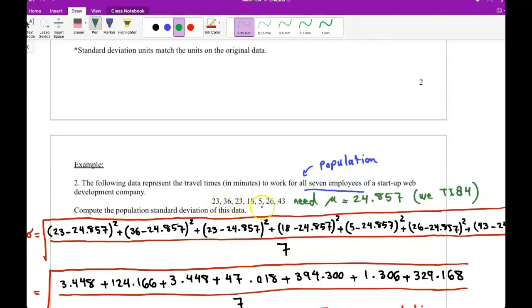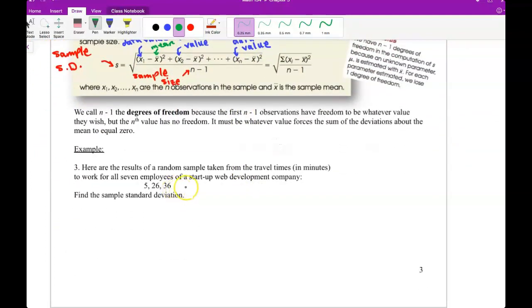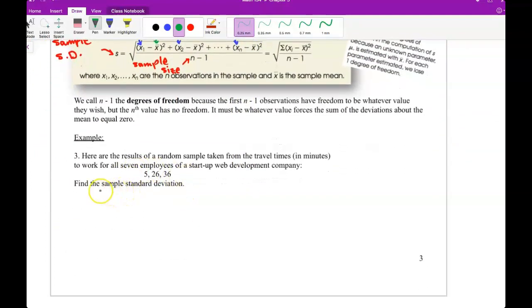All these 3 numbers are in that population, but that means this one is a sample. So here are the results of a random sample.